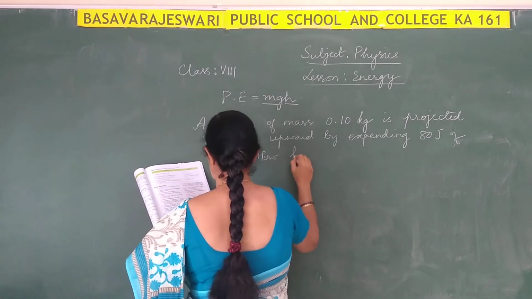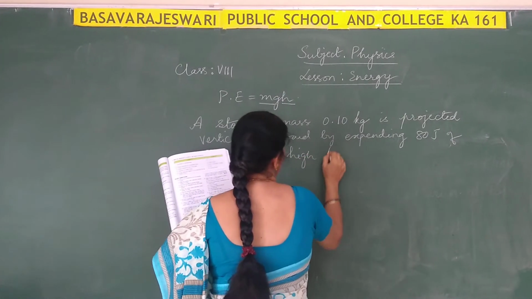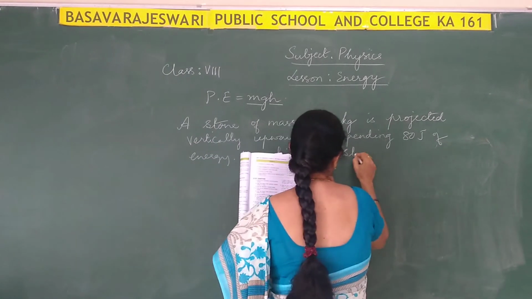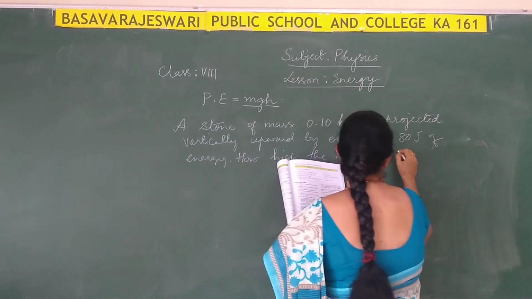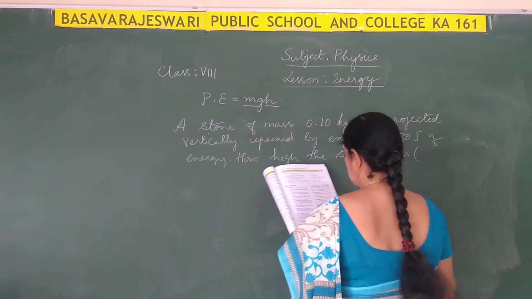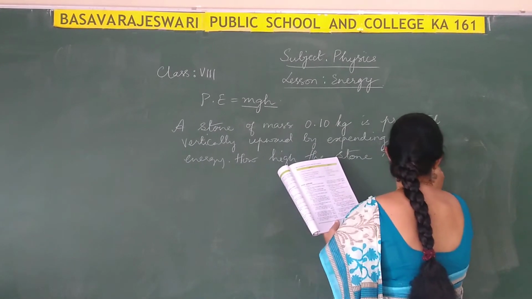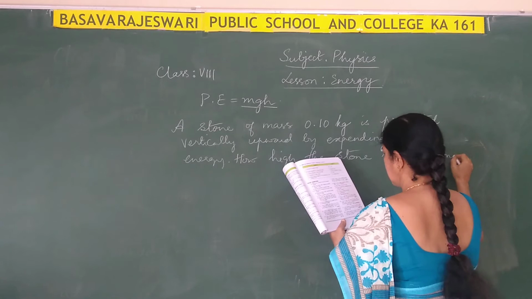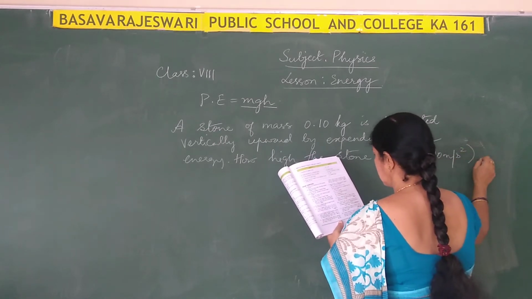How high does the stone rise? You are provided with the value of g as 10 meter per second square.